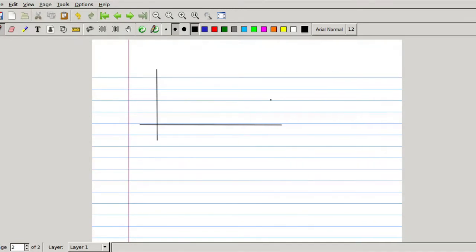String is along the z direction and it is displaced. So let that small part be represented by AB. So this is displacement along y direction, y is equal to f. This is z direction.